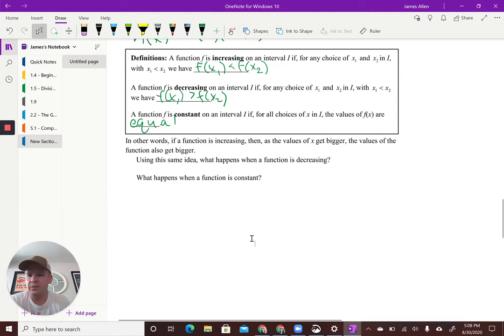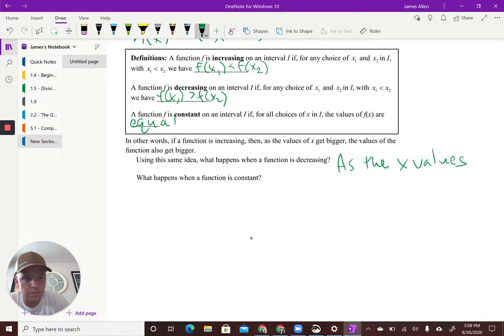So it's helpful to have those too. Alrighty, using the same idea, what happens when a function is decreasing? Let's see here, we can use the same vocabulary. As the x values get bigger, the values of the function get smaller.